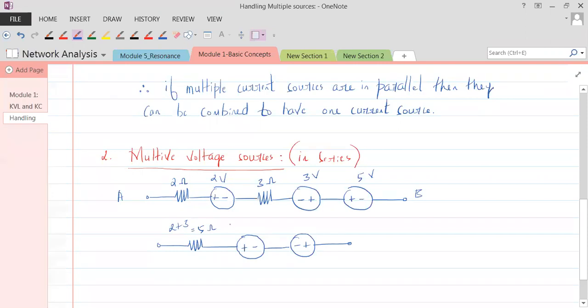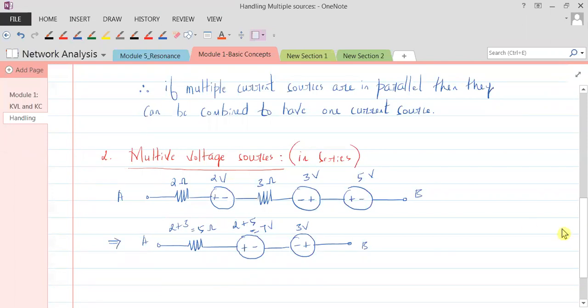What is this equal to now? This is 2 plus 5, because both are of the same polarities. So this is 7 volts, and let's keep this 3 volts as it is between the terminals A and B. Is it okay with you?